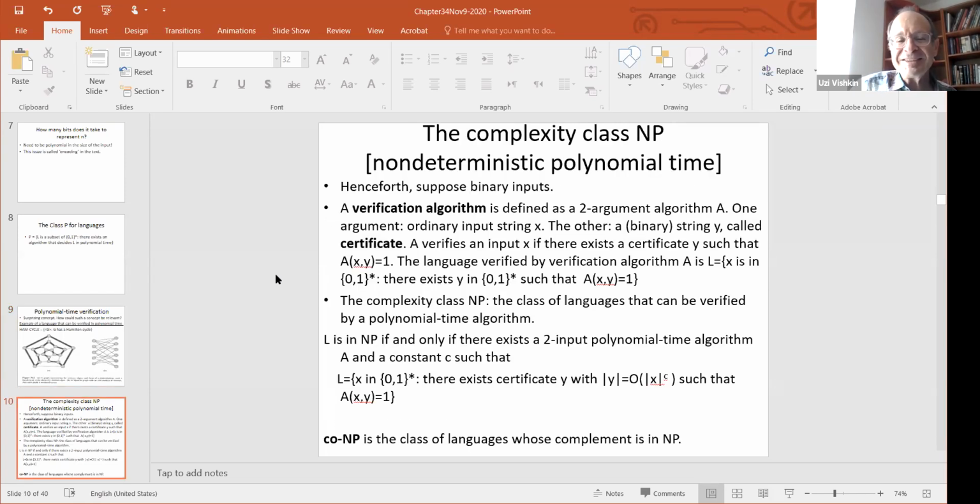So this is really the language which is verified by a verification algorithm. It's not very useful. So the complexity class NP is the class of languages that can be verified by a polynomial time algorithm.